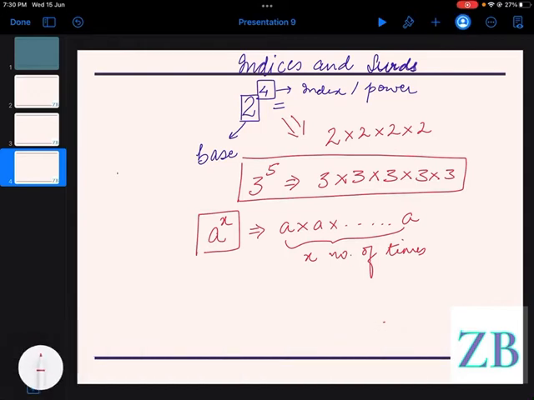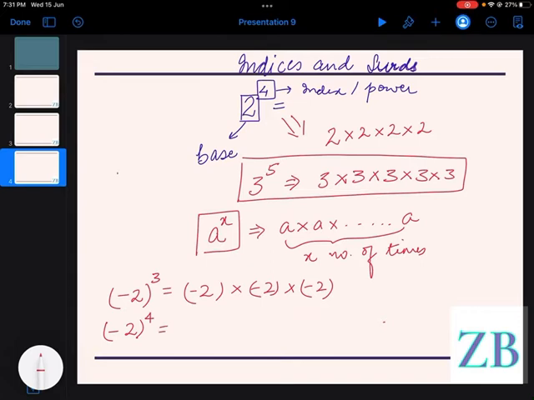Now that we have studied something about the positive power, we'll also take a negative number. Negative 2, let's take it to the power of 3. And we'll also talk about negative 2 to the power of 4. So when I talk about negative 2 to the power of 3, that means I'm going to multiply negative 2 times negative 2 times negative 2.